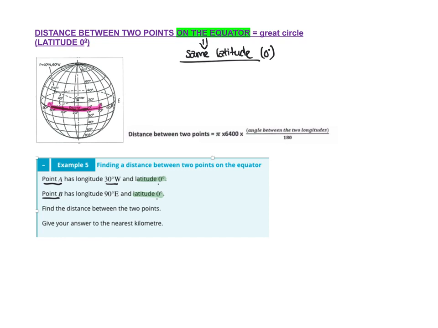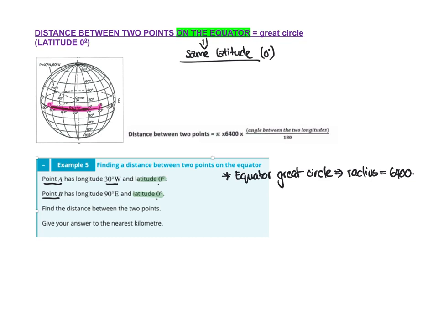If you remember, the equator is a great circle, so its radius will be that 6,400.